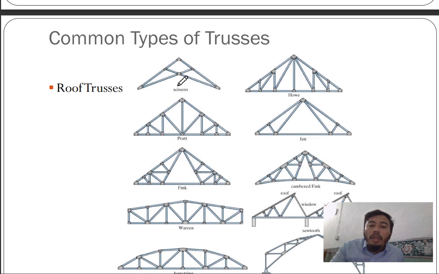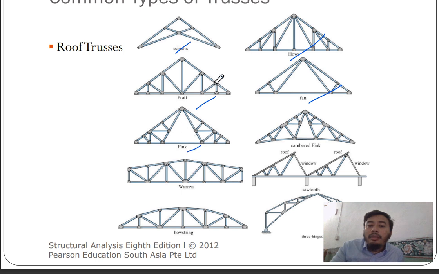So you have scissors, Howe, Pratt, Fan, Fink. These two are very common. But this one is slightly less common, but gives you some access here. It gives you access for any maintenance, or if you want to do some insulation on your beam. So this provides you access.